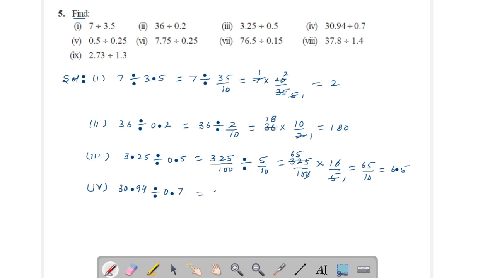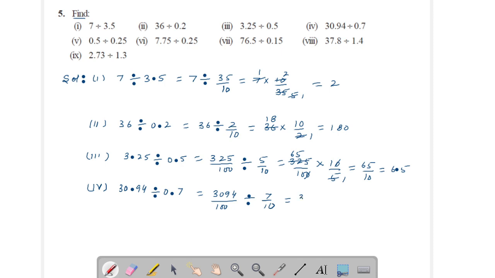This can be written as 3094 upon 100 divided by 7 upon 10. Now change division into multiplication sign.